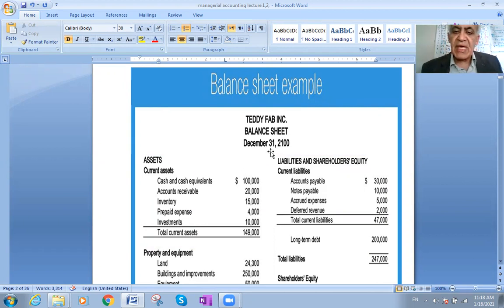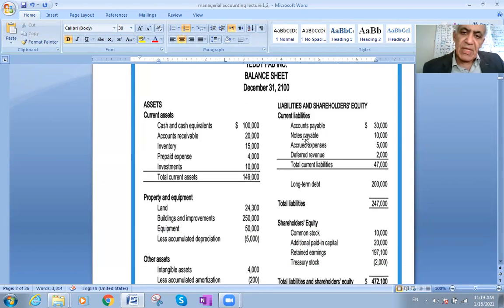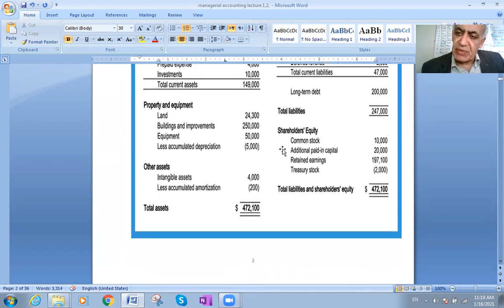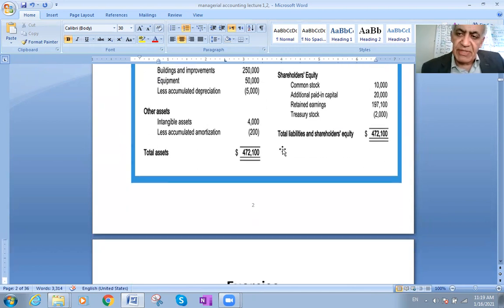It tells me the financial situation of all the belongings and amounts due of the company, what they have and what they owe to pay. So it tells me the financial situation at a particular moment.